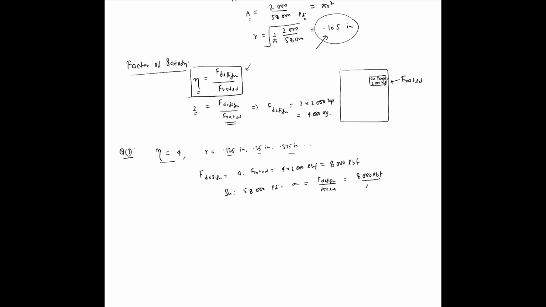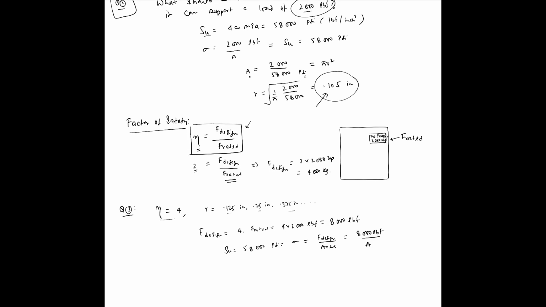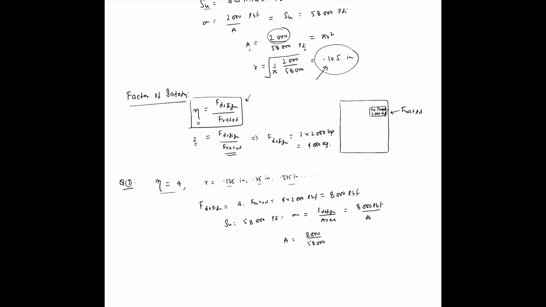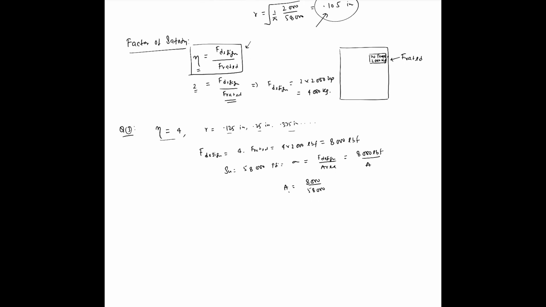So if you compare with the previous example, you see over here the force was only 2000, but now our force is 8000 pound force because we're designing for 4 times of that force. So we will get our area as 8000 divided by 58,000. So you can see that in this case the area is going to be actually what, 4 times, right? So this is A1 and this is A2, then you can see that A2 would be 4 times of A1 because the denominator is same, only the numerator has changed from 2000 to 8000, right?